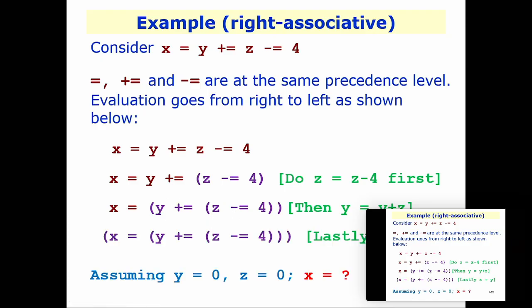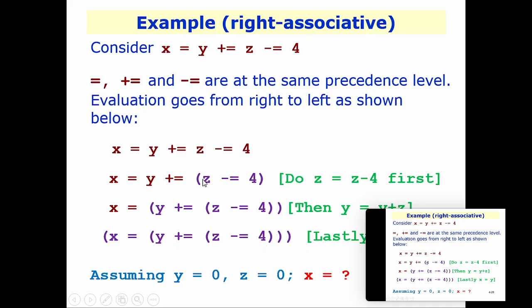For better understanding, okay, so this is the example. Now, Y equals 0, Z equals 0. Then what's going to be the value of X? You're going to do this first, Z minus equal 4. Then Z becomes negative 4, because the initial value of Z is 0.